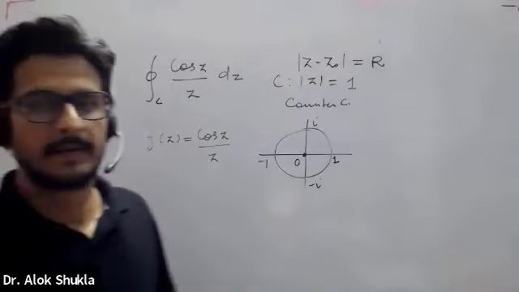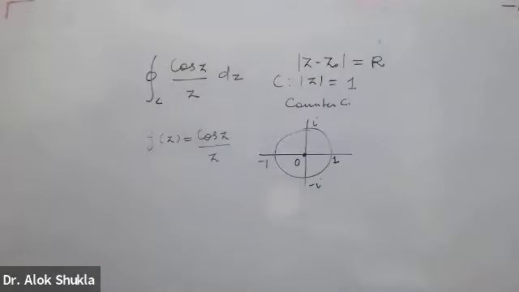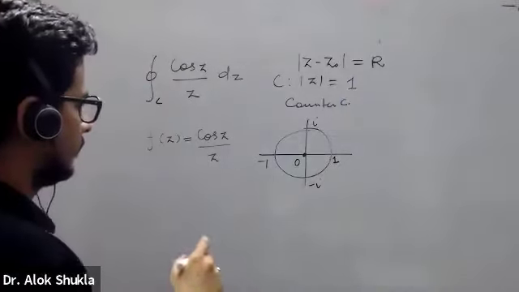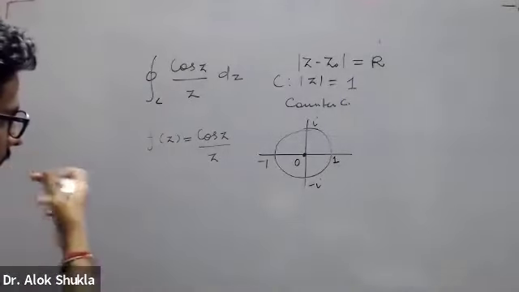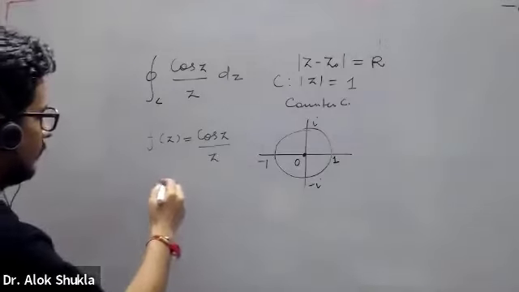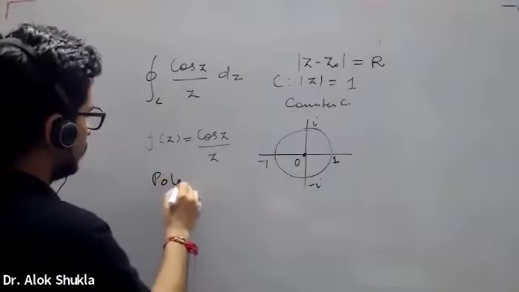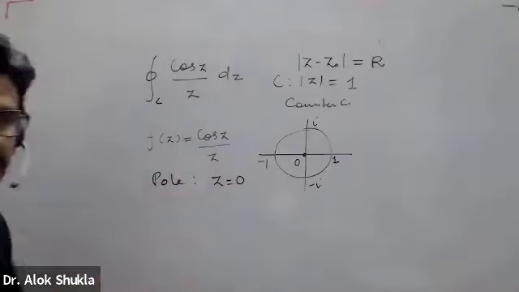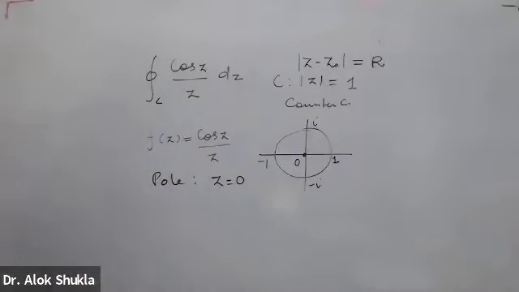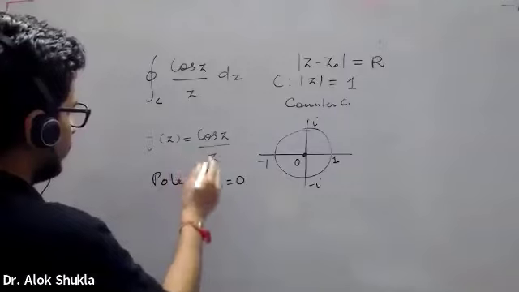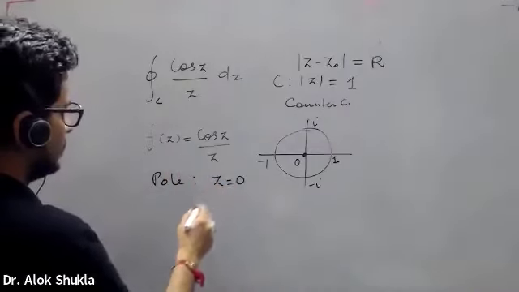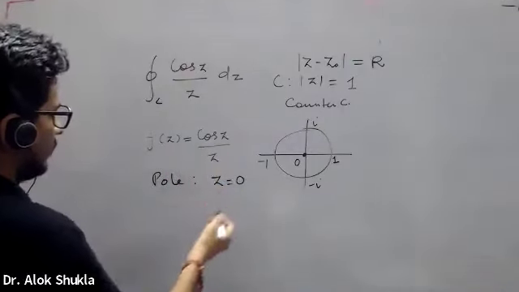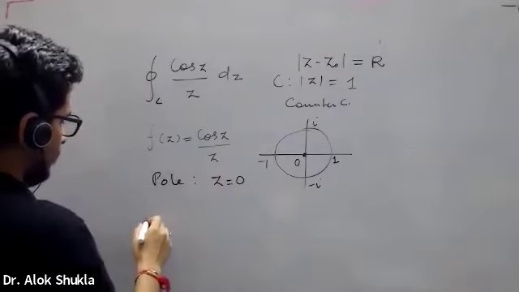Okay. Now we have to see what is the value of pole. So the value of pole is given as z is equal to 0. You can see the denominator. It is the case of a simple pole, and let us calculate the residue. You can calculate it using any method.